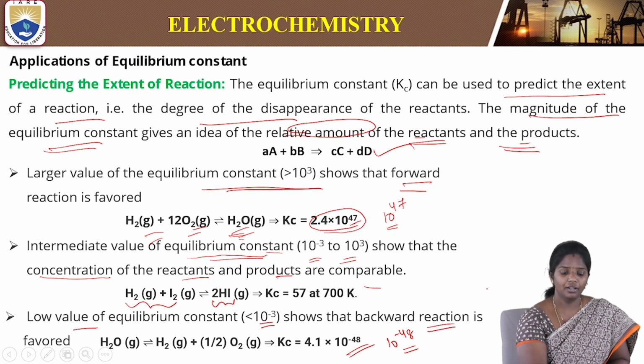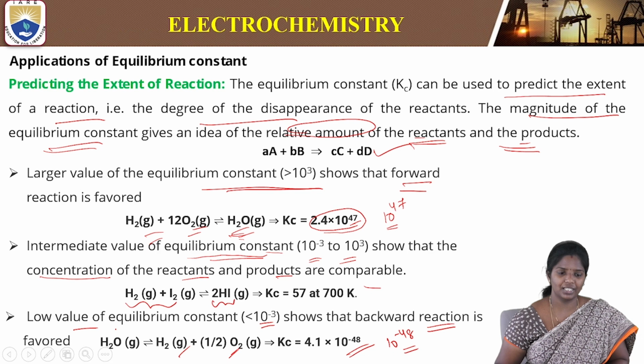For example, the splitting of water into H2 gas and oxygen: the backward reaction is favored. It is always favoring the formation of water. These are some examples of the use of the equilibrium constant.